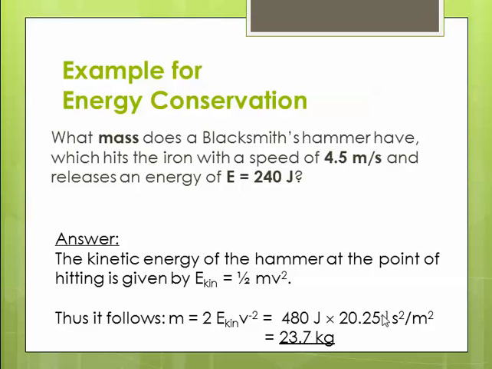V is 4.5 meters per second, and 4.5 times 4.5 is 20.25. 1 over 20.25 times second squared over meter squared times 480 joules equals 23.7 kilograms. So the mass of the hammer is 23.7 kilograms.